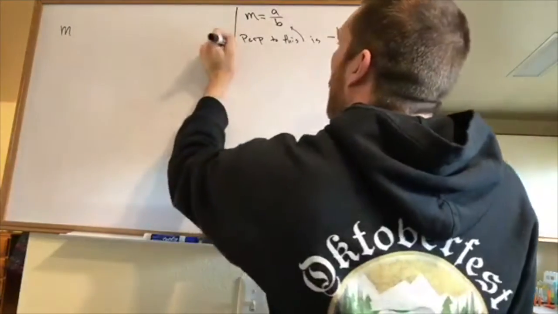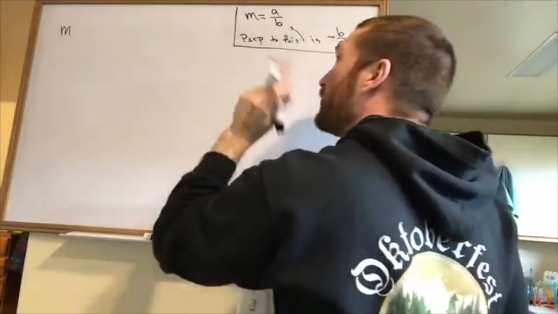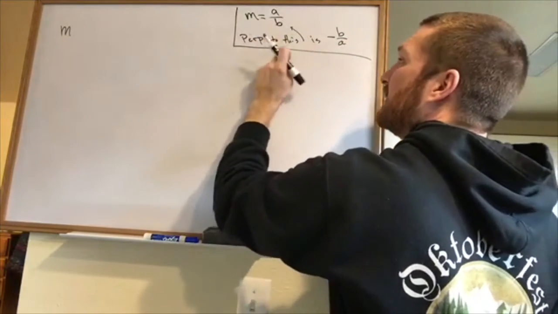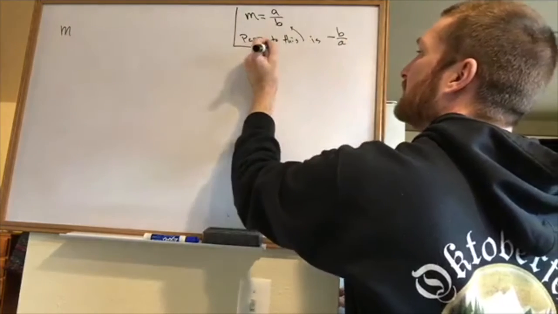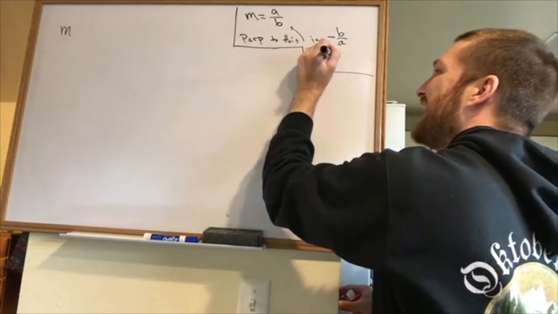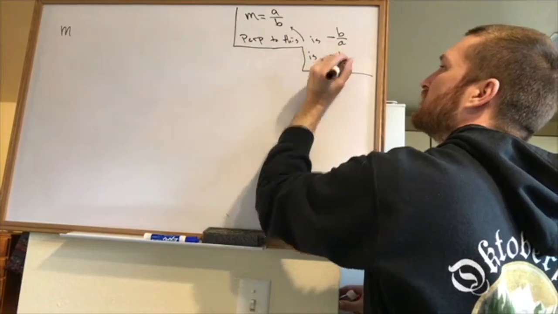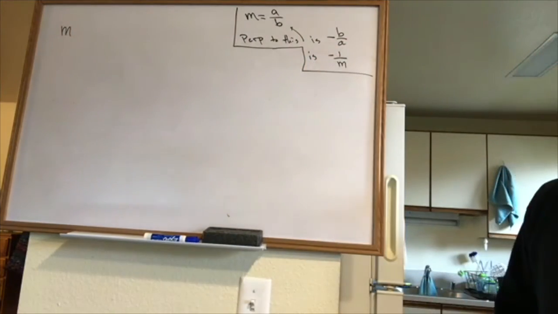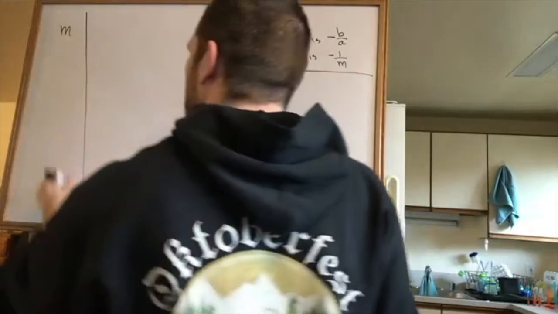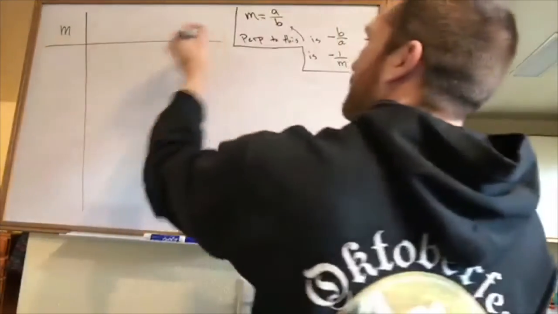Another way of thinking about it is perpendicular to this is -1 over the original slope. So when do we want to use one and when do we want to use the other? Let's do a few examples.